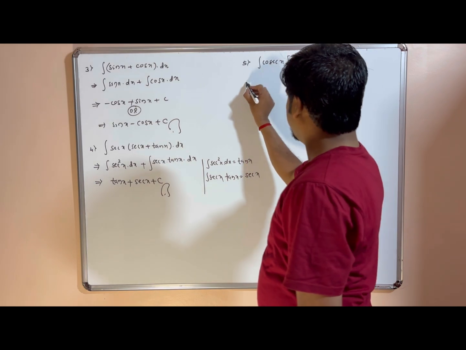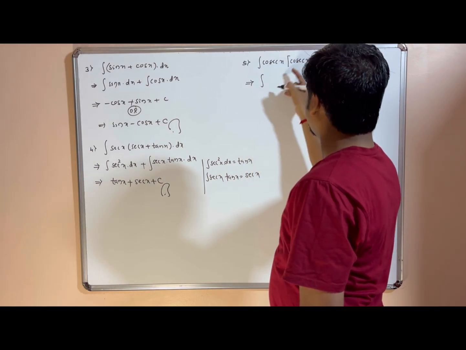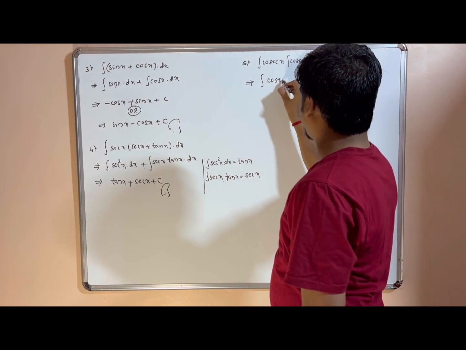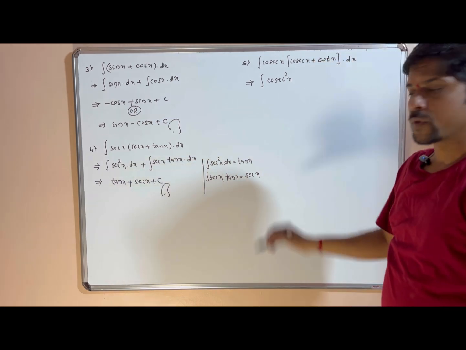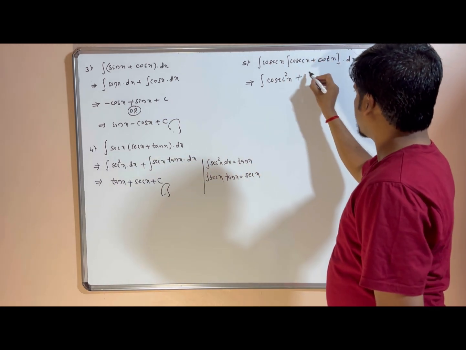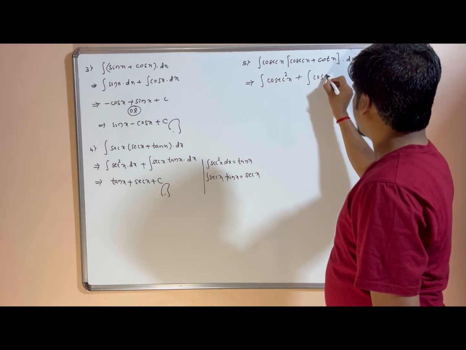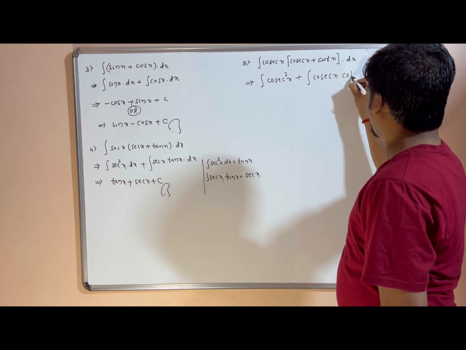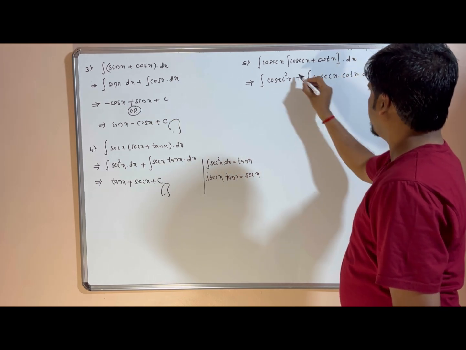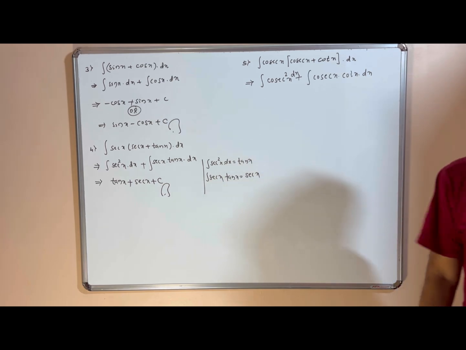So for cosec x, the integration of cosec x into cosec x plus cot x, removing the bracket, we have cosec square x plus cosec x into cot x, the integration of cosec x into cot x into dx. Here also we have dx, right?